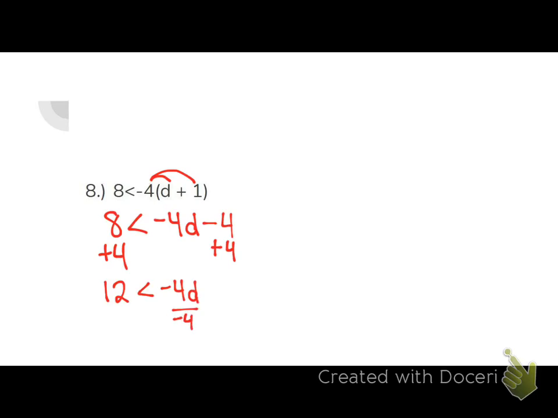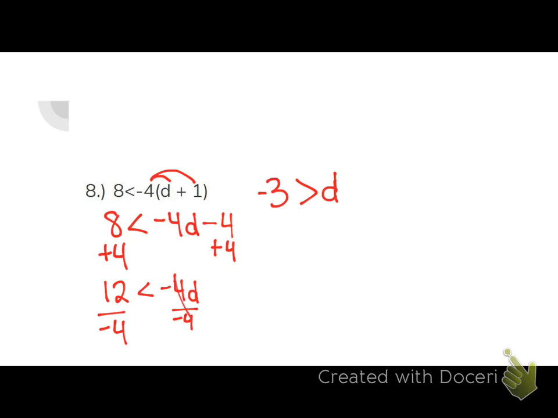Divide by -4. This time the symbol will change. Okay, this time the symbol did flip around because we divided both sides by a negative. So 12 divided by -4 is how I got -3 is greater than D.